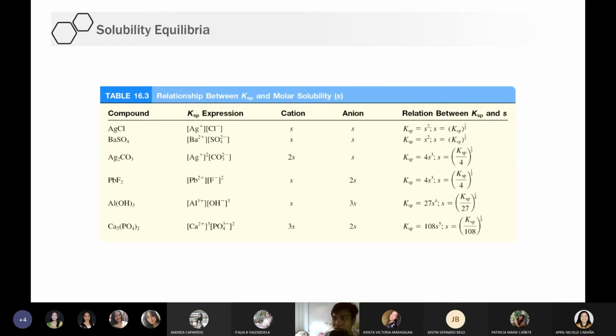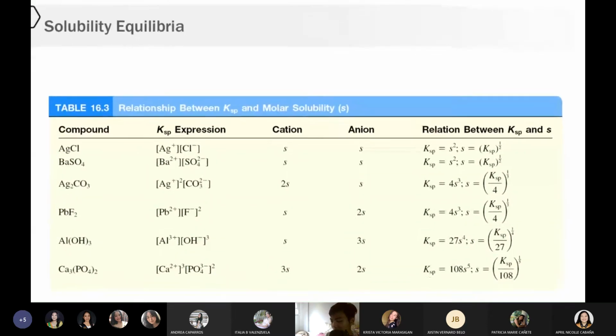Also, since madali lang yung equilibrium equations dito, may shortcut na tayong dinevelop. Okay, so this shortcut is pwede kabisaduhin, pwedeng hindi, no? This is derived from the equilibrium expression of different ionic compounds. Okay.